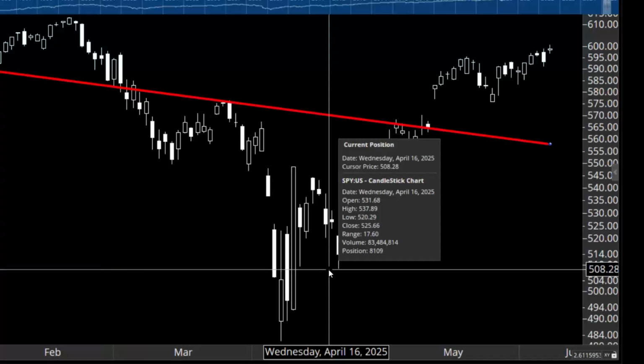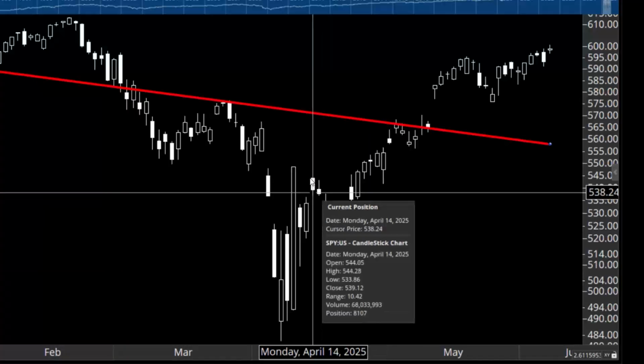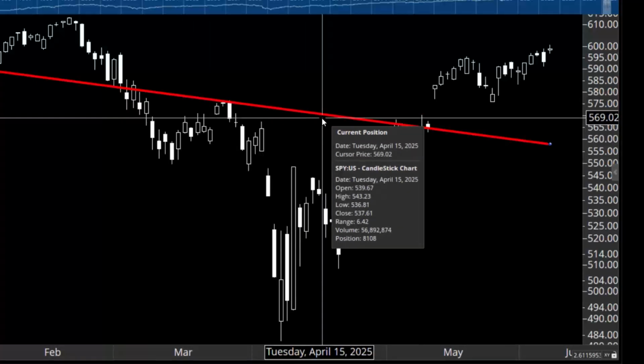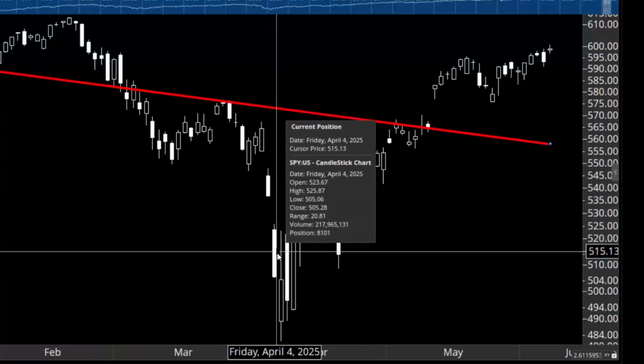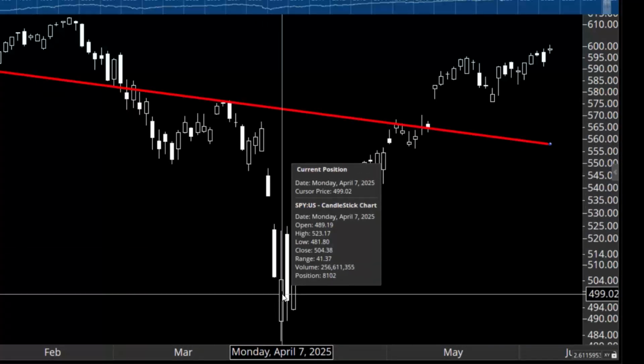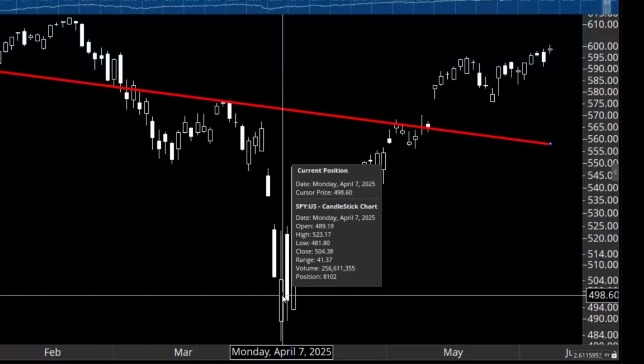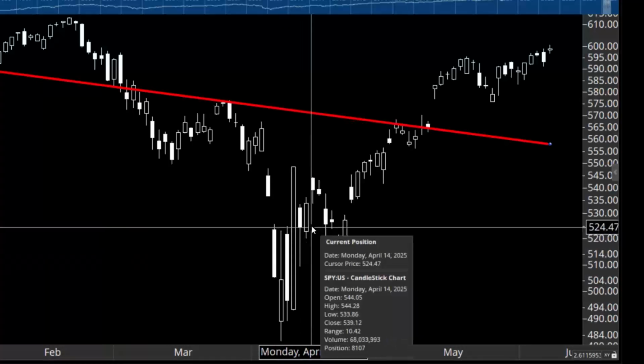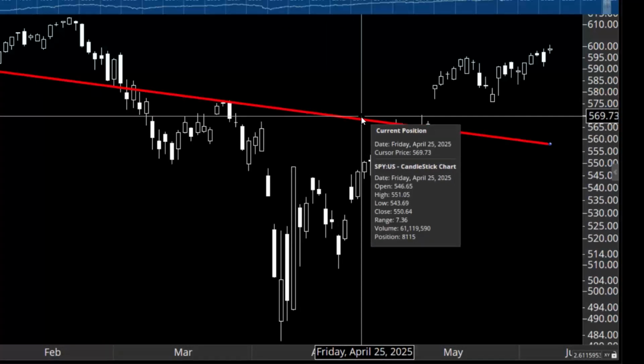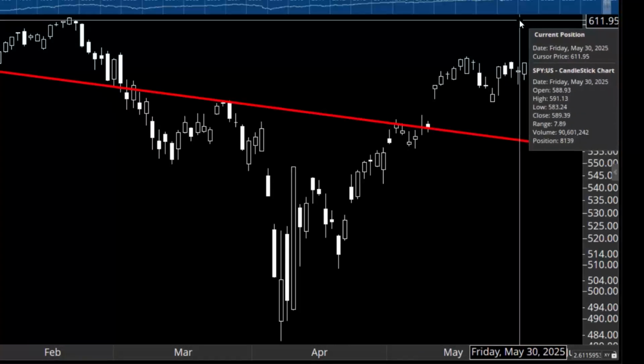And so imagine the regression line is kind of like this magnet, and price is this rubber band. And the further out that price stretches out, the more tension builds. Eventually, it's going to go ahead and snap back towards the middle, and that's what we call the mean reversion. Vice versa, if it goes too far upwards, eventually price has this reversion to the mean.